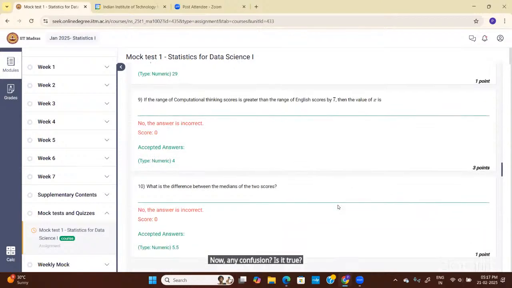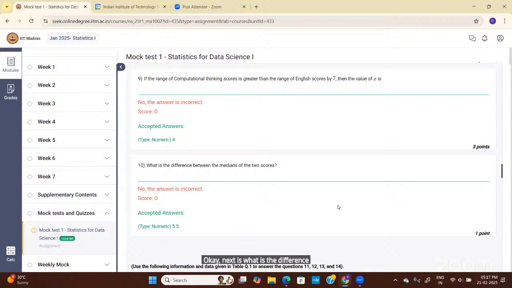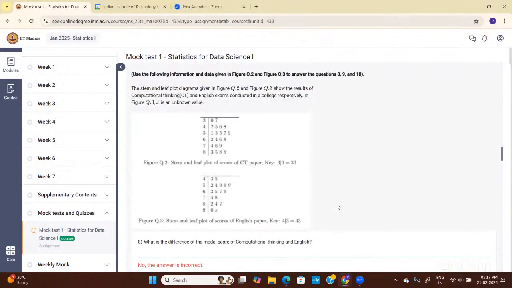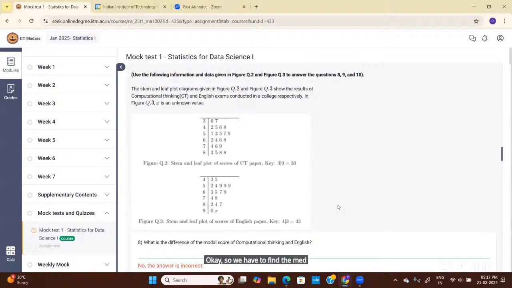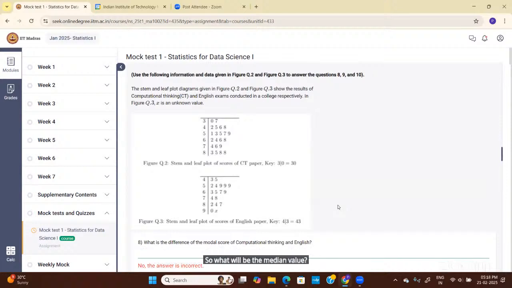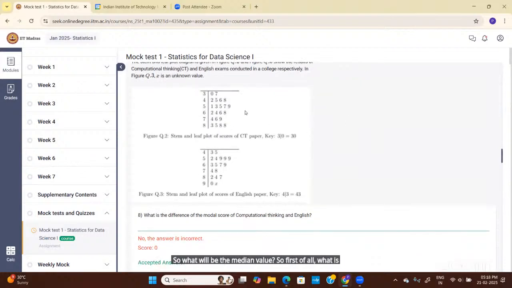Next is: what is the difference between the medians of the two scores? So we have to find the median value for both figure Q.2 and figure Q.3. First of all, what is the total number of observations for the first and second?